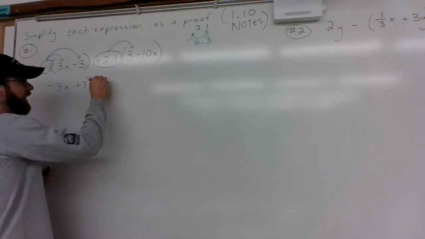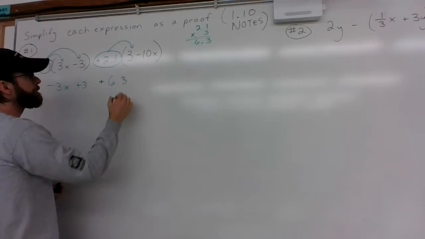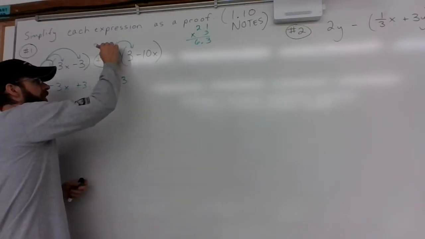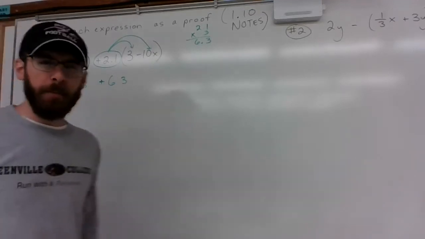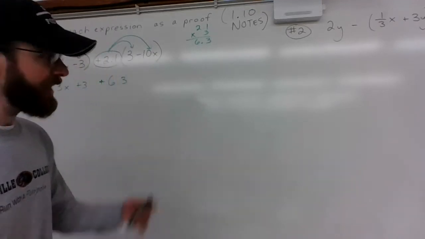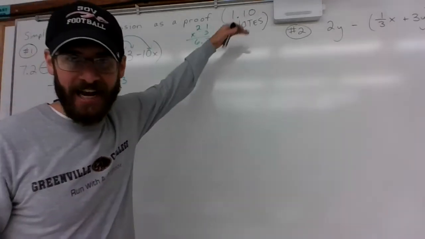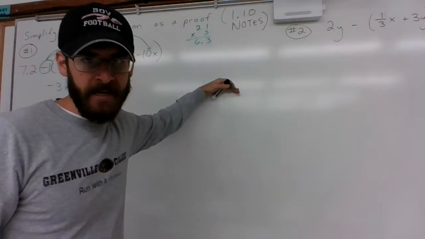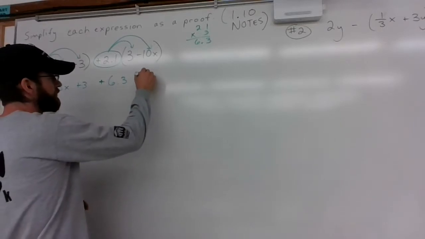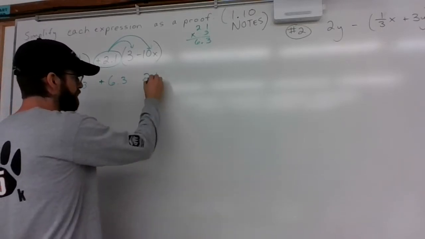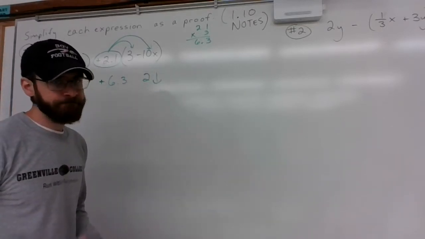So it's a positive 6.3, and then you take positive 2.1 times negative 10x. I'm hoping we're starting to see the patterns where I don't have to go off to the side and stack 2.1 and 10, but thinking, hey, if I multiply anything times 10, I just move the decimal place over.